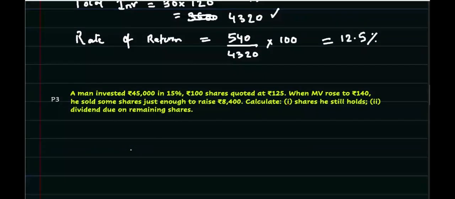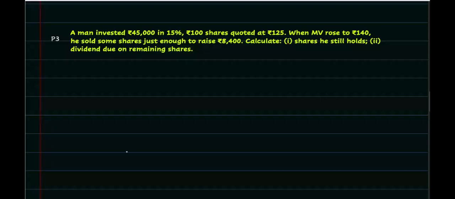Moving on, third problem. A man invested 45,000 rupees in 15%, 100 rupee shares, quoted as 125. You know that this is the face value, this is the market value. Now after he purchased, the market value rose to 140. He sold some shares just enough to raise 8,400.